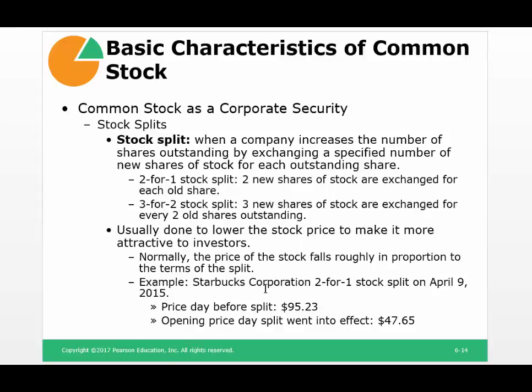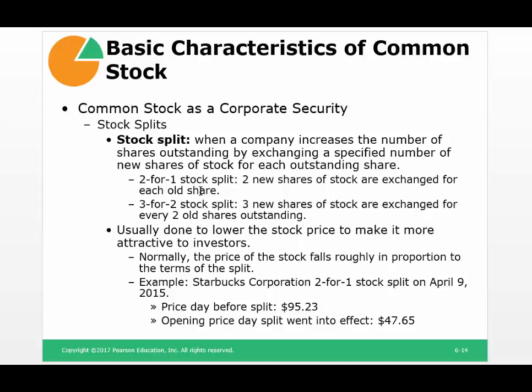Now, a stock split is a little different. This is where we're just going to change the number of shares that are available for our specific company. So in a 2-for-1 split, every shareholder is going to get 2 new shares for every old share that they own. In a 3-for-2, they get 3 new shares for every 2 that they own.